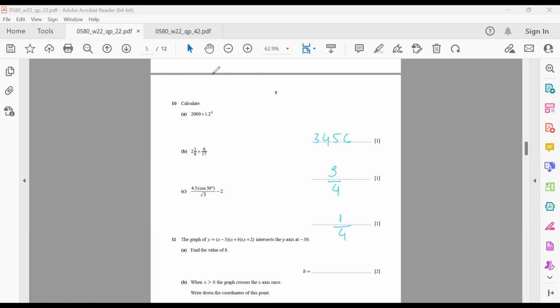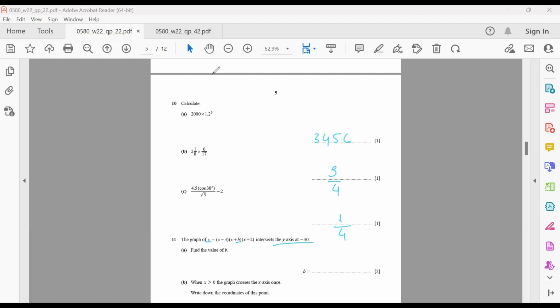Okay. Now let's look at question 11 for a second. We can see that you have x minus 3, x plus b, and x plus 2. We need to find the value of b when the graph of y intersects the y-axis at minus 30.